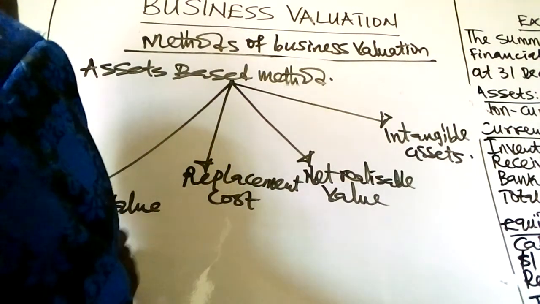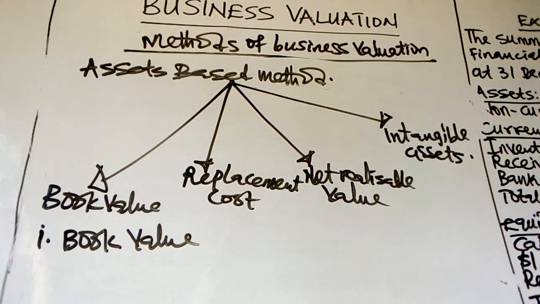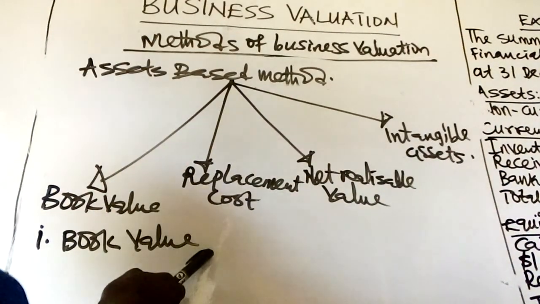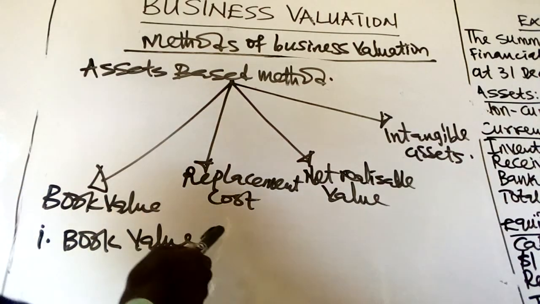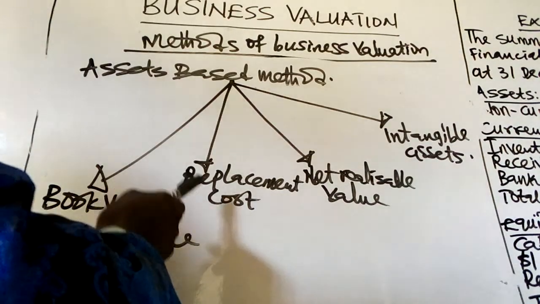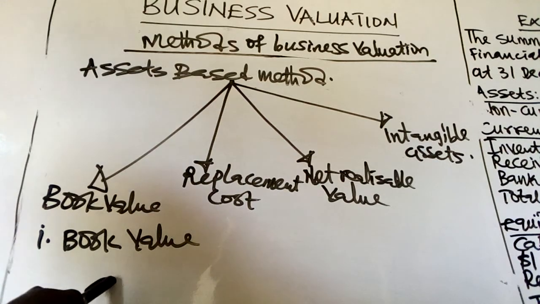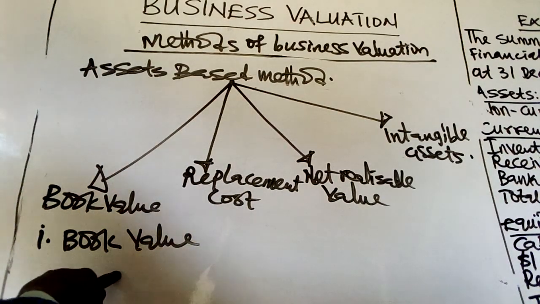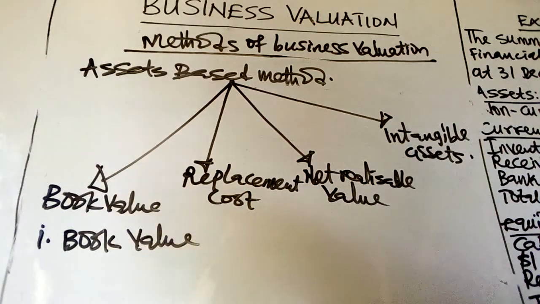Book value. This method involves the use of the total value of the tangible assets as per the statement of financial position, less all liabilities.